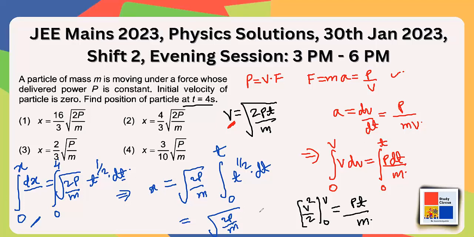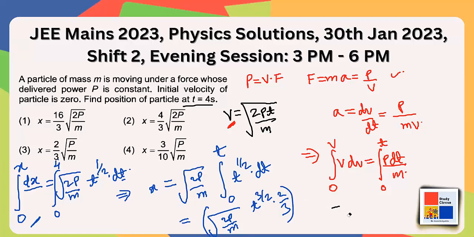And the integral of this thing is going to be t to the power 3 by 2 upon 3 by 2, that is 2 by 3. So this is the expression for x. So finally what I'm getting as the answer, x is equal to this thing here. I'm just rewriting it in a proper manner: 2 by 3 root 2P upon m and t to the power 3 by 2.